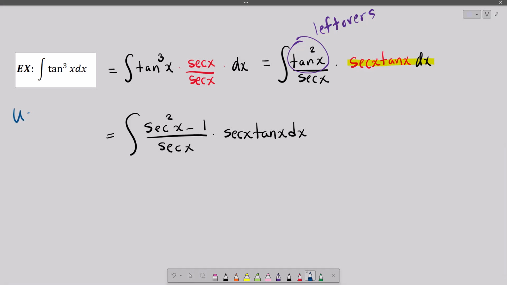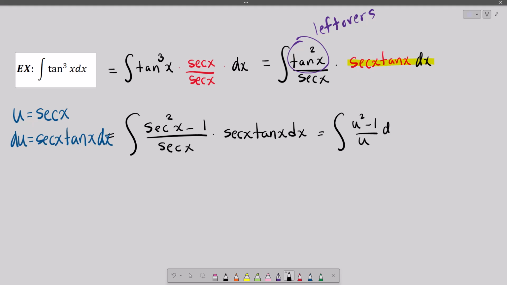So if we let u be secant, then du is secant x tangent x dx. So our integral becomes the integral of u squared minus 1 over u du. So that whole part right there, that is du. And if we let u be secant, we just replace the secants that we see with u's.